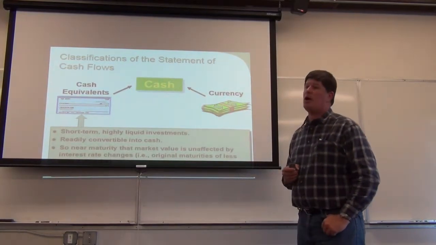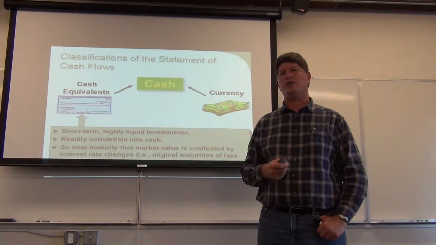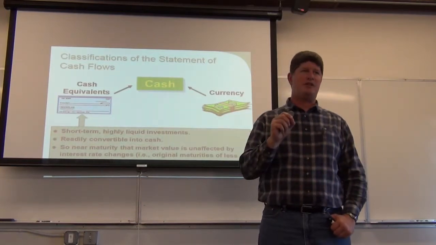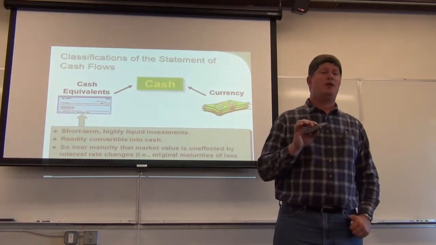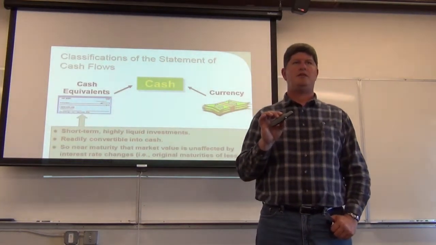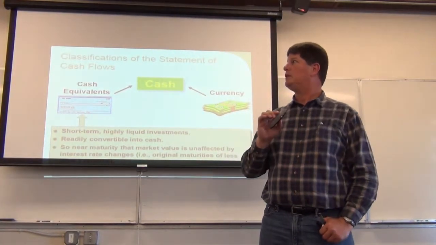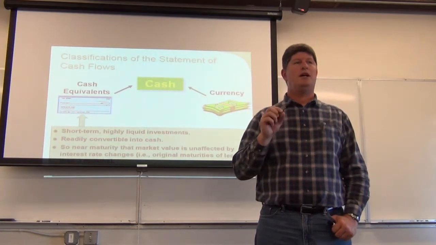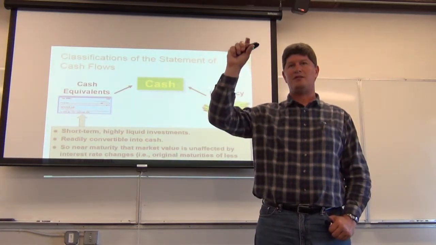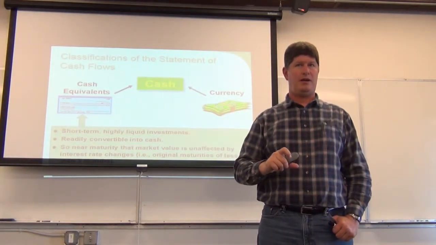So we're going to focus on how to calculate or complete a statement of cash flows, but I want you to think about some building blocks first. Remember when we created a classified balance sheet? We have current assets, non-current assets, current liabilities, non-current liabilities, right?